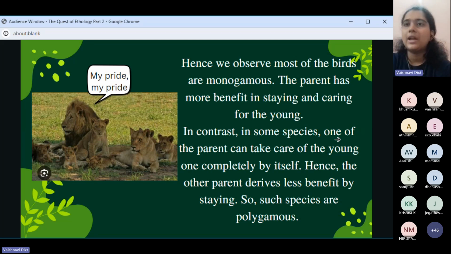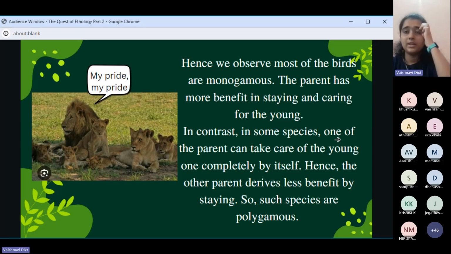Suppose the male can derive more benefit, isn't it? Hence, such species are polygamous. Okay. So this is how, because of parental care, mating systems are influenced. The need of the young one will influence the mating system of the entire species.